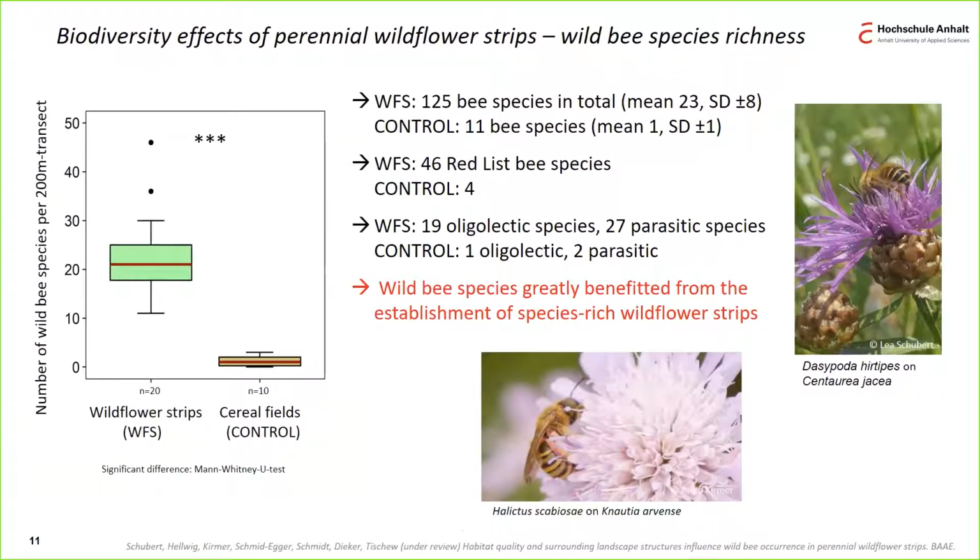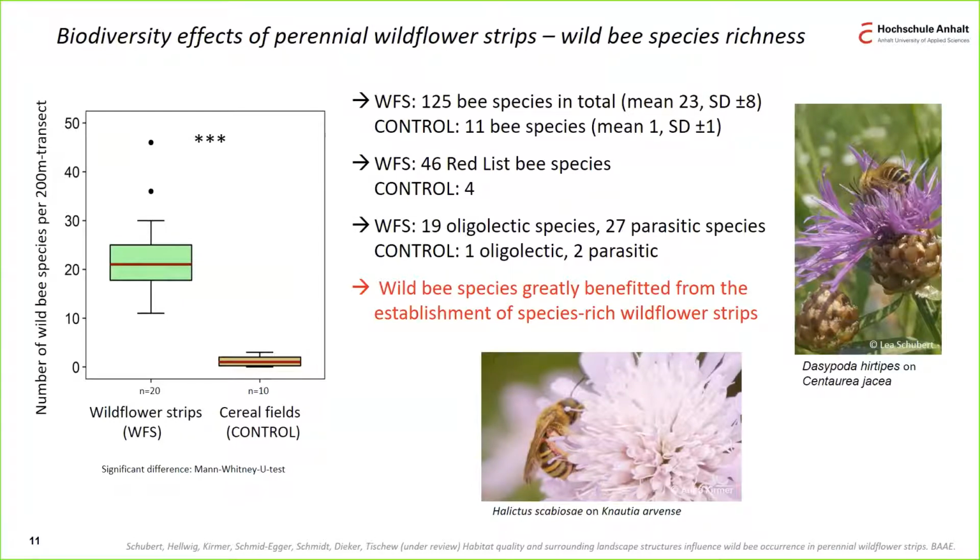A total of 125 wild bee species were found on the 20 wildflower strip sites, covering 30% of the species inventory of Saxony-Anhalt. On the control sites, only 11 bee species were found. On the wildflower strips, the average value is more than 20 times higher than on the controls.